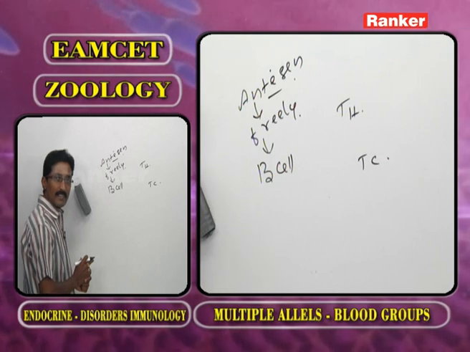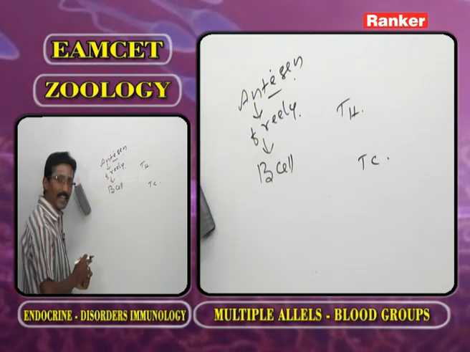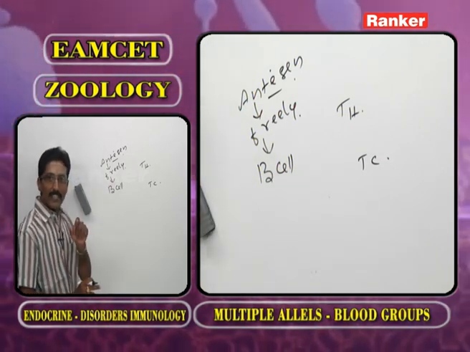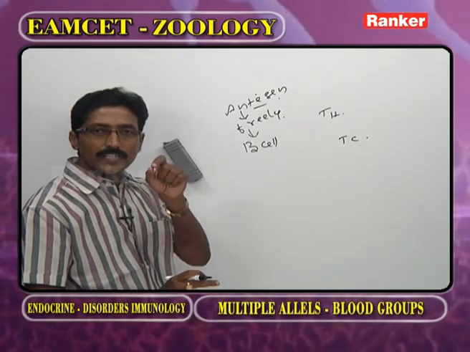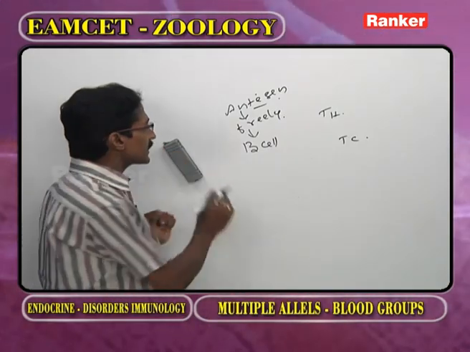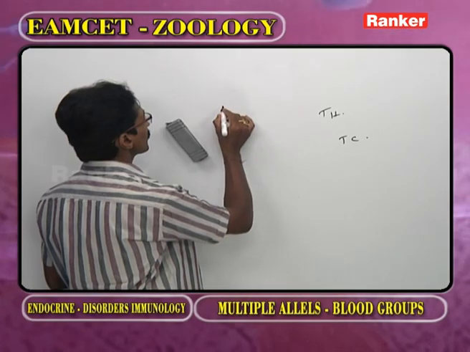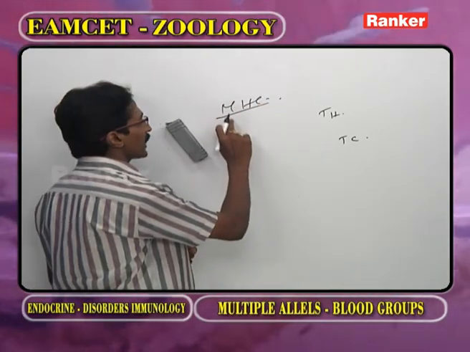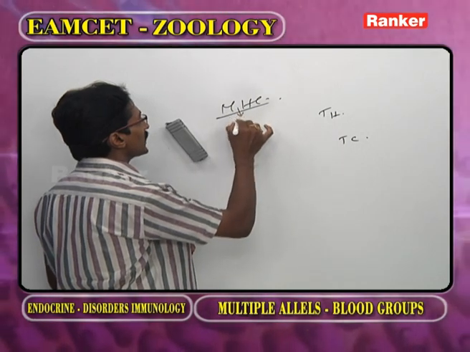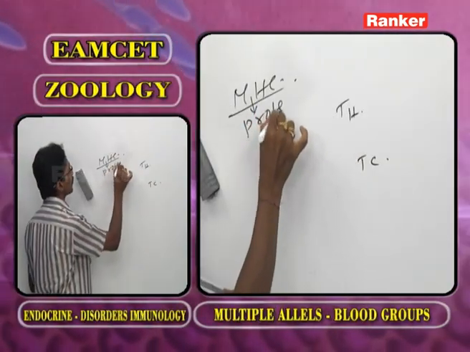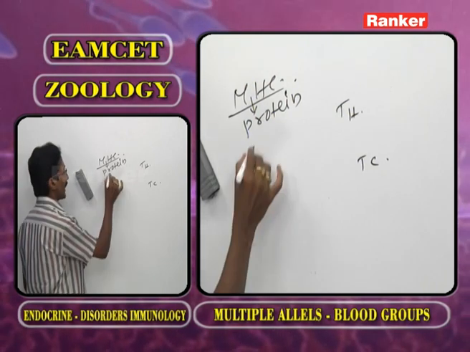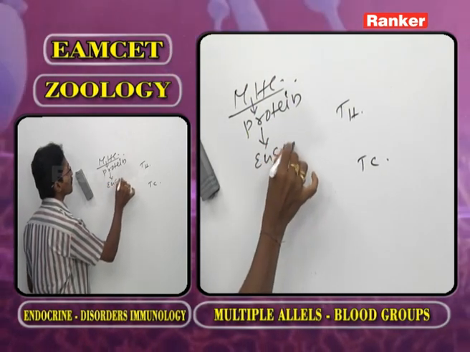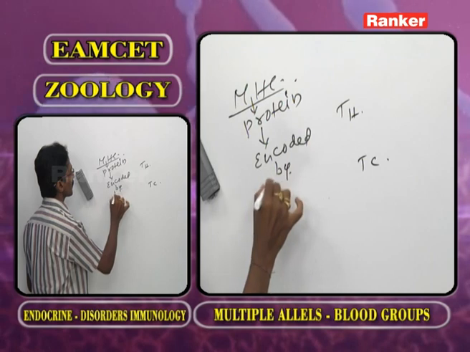Whenever the T cells recognize the antigen, it is whenever the antigen is associated with MHC. What is meant by MHC? Major histocompatibility. It is a protein molecule and it is encoded by a gene.